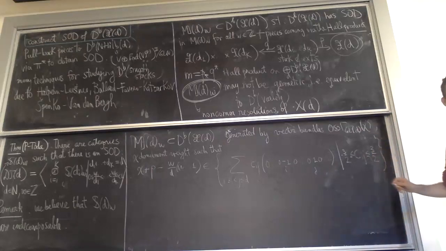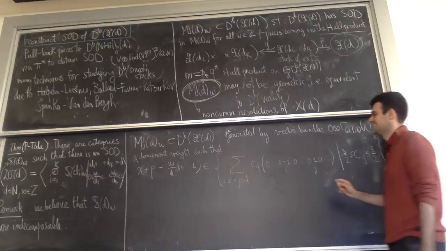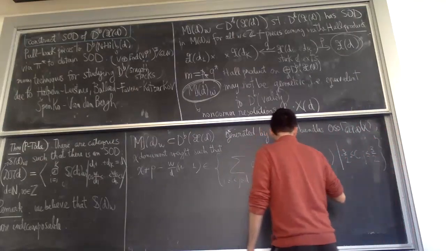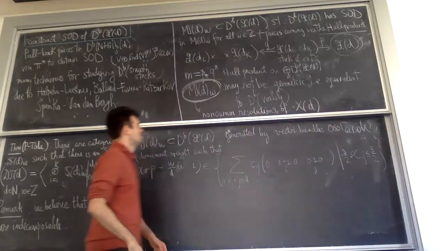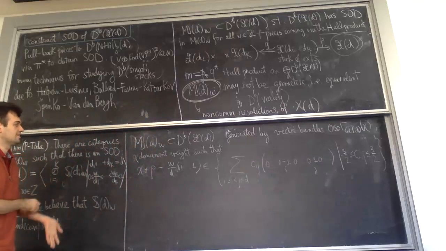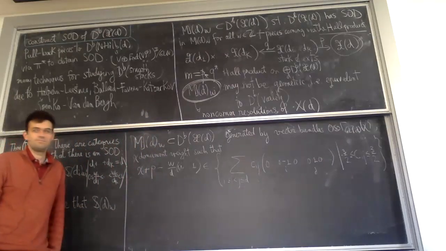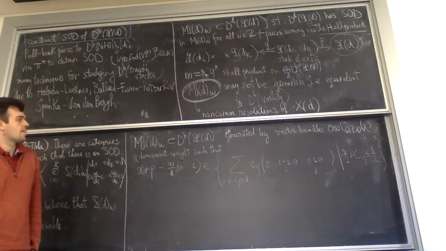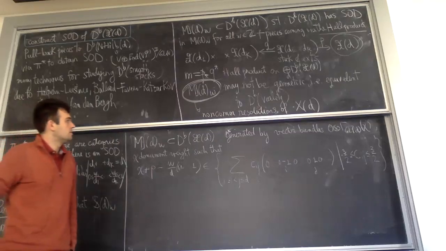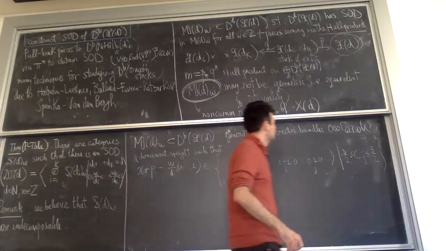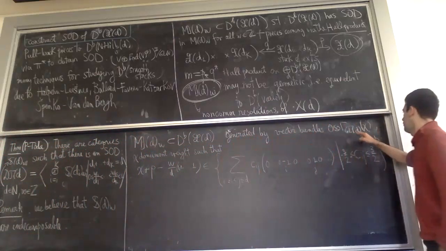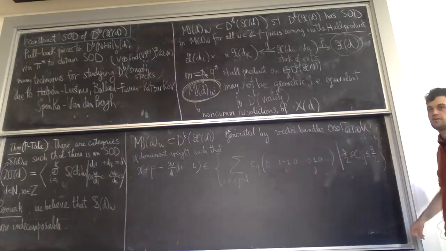This is better. So this is inside the weight space for GLD, the irreducible representations of GLD of highest weight chi.